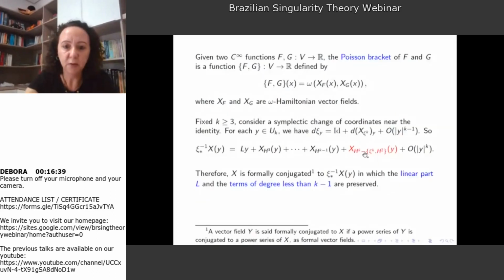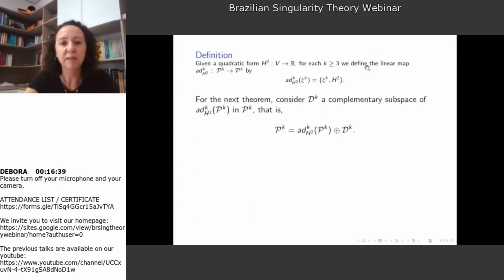Okay, so this Poisson bracket is an element that we can associate to the quadratic form A2. We define a linear map that sends a polynomial element of degree k to another polynomial element of degree k given by the Poisson bracket of Ck and A2.